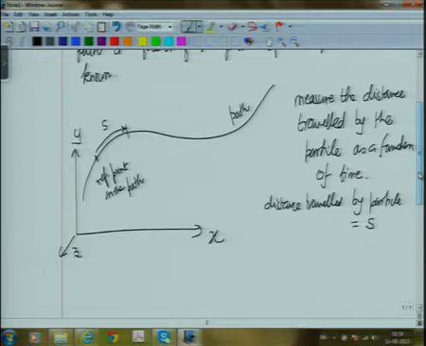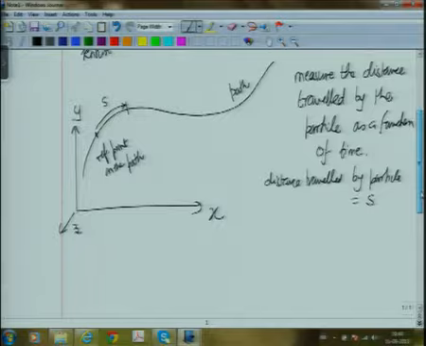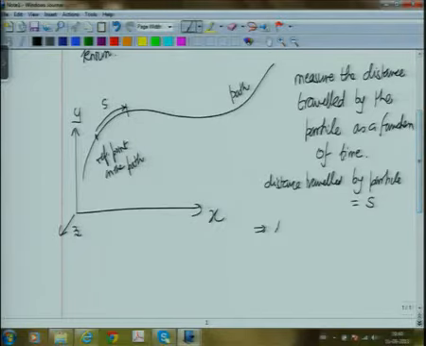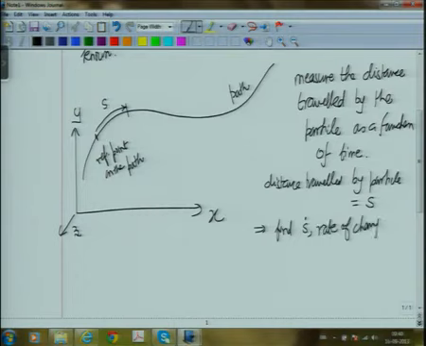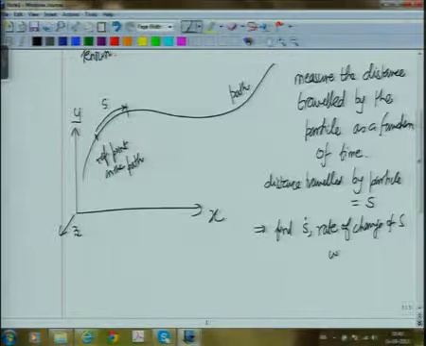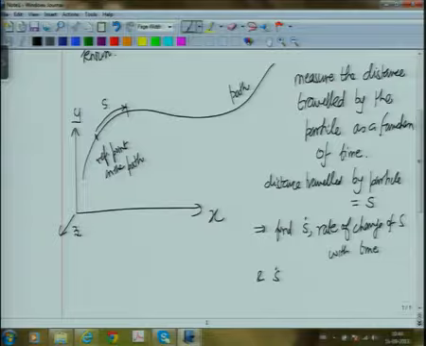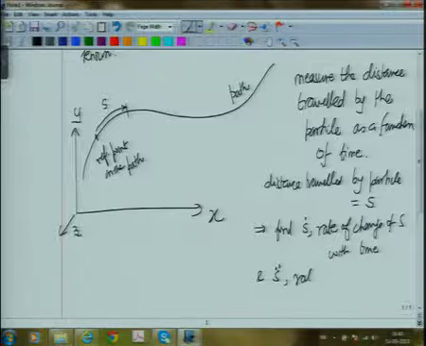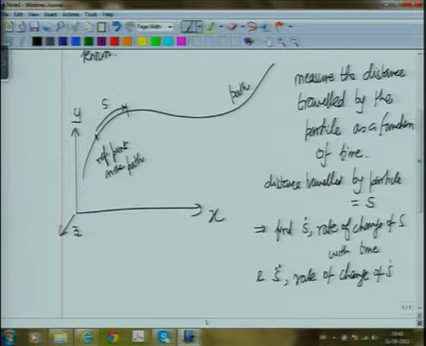Because I know s as a function of time, I can also find s dot, the rate of change of s with time, and s double dot, the rate of change of s dot with time.